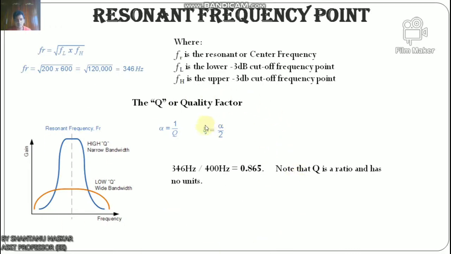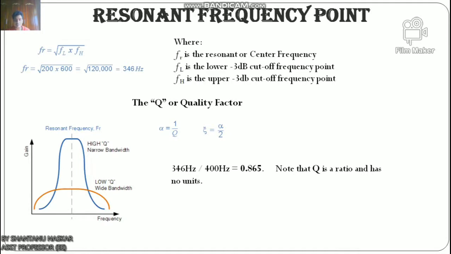Okay, so alpha is known as the alpha peak frequency, where alpha equals 1 by Q, the quality factor of an active bandpass filter. In a second order system, it relates to the sharpness of the filter response around the center resonant frequency Fr.